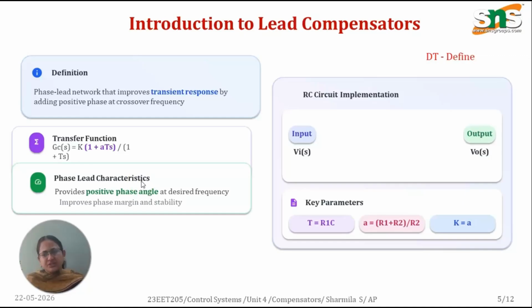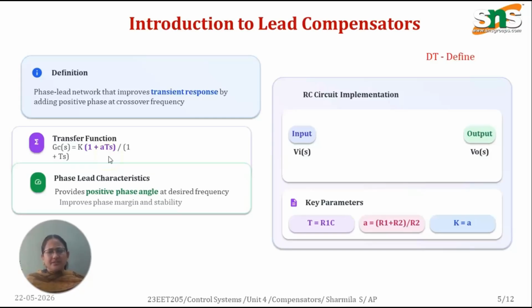The transfer function of a lead compensator is Gc(s) = K(1 + aTs)/(1 + Ts), where a is greater than 1, T is the time constant and K is the gain.